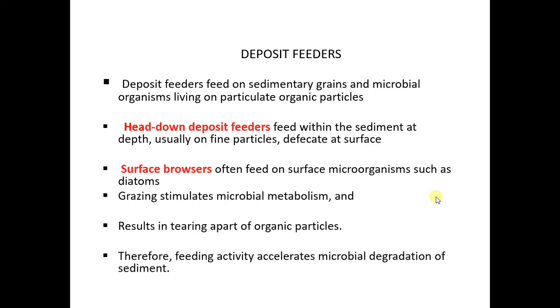Their heads are down, buried inside the sediment, and then their anus is pushed out where they will defecate as they feed. Then we also have the surface browsers. Those feed on food materials that are on the sediment, not in the sediment, but on the sediment. All right. So whichever way, the activity of these feeding benthos accelerates the microbial degradation of the sediment.